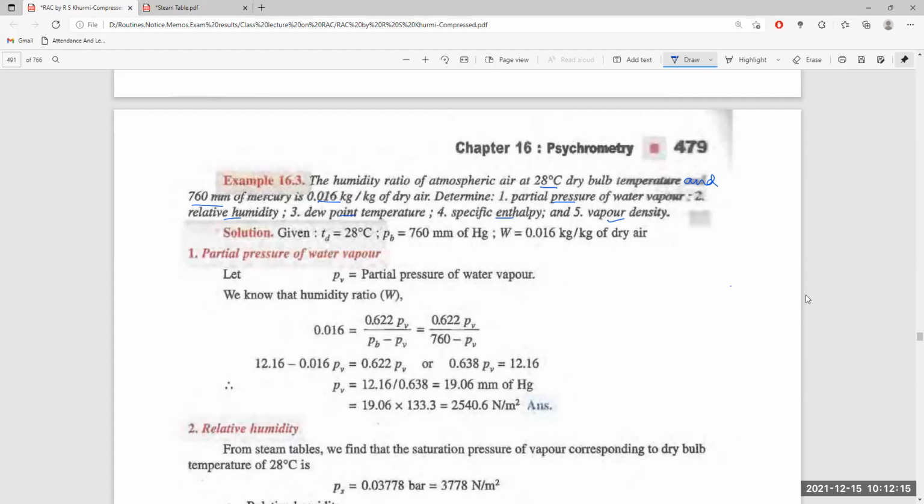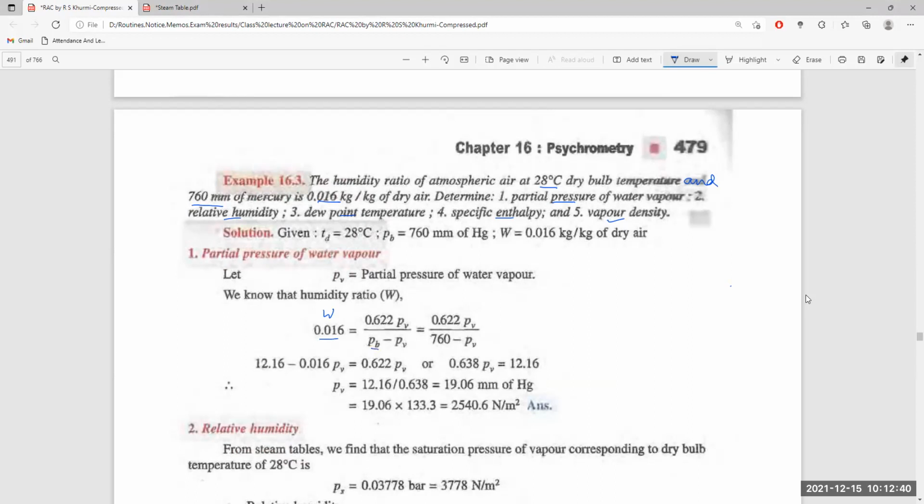humidity ratio, we can use them in this equation. The humidity ratio is given by the relation W is equal to 0.622 times partial pressure of water vapor, divided by barometric pressure minus partial pressure of water vapor. Now, partial pressure of water vapor is not known to us, but humidity ratio is known and barometric pressure is known.